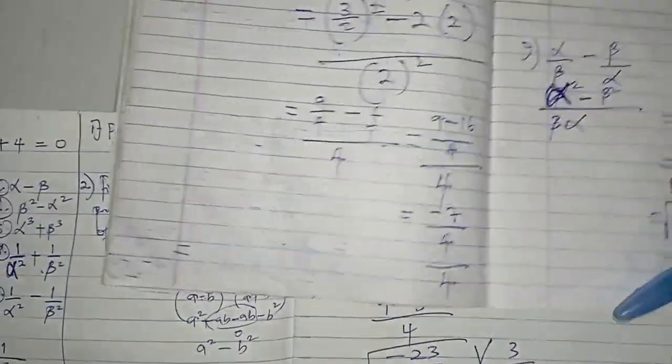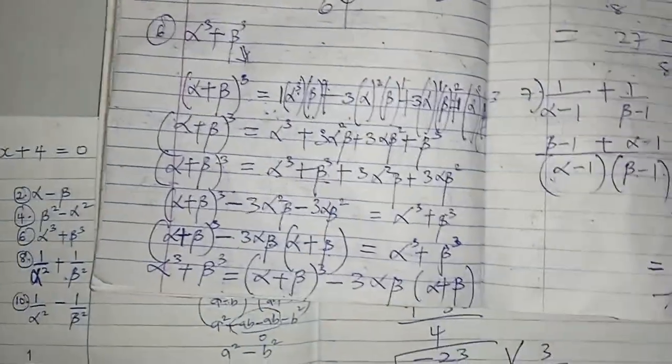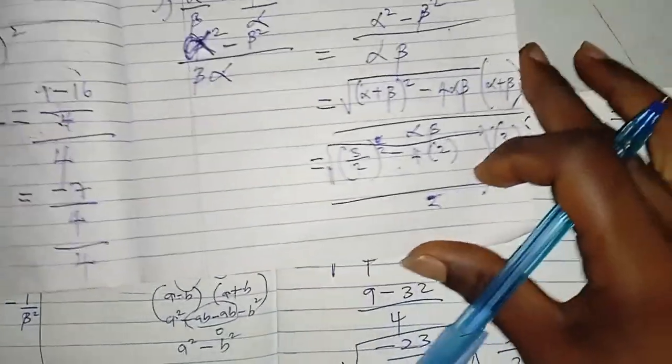Let's check something. I think we've come across something like this before. How did we go about it? Okay, it's like all these ones didn't have that particular sign.